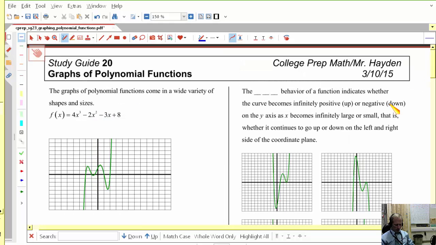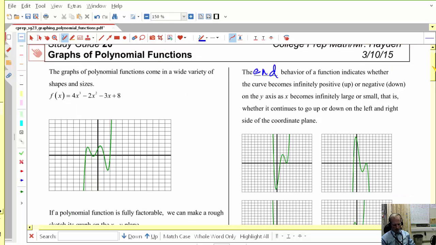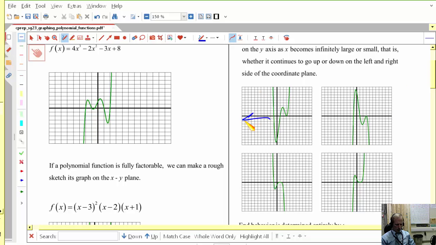Now there's a few other things you can determine just by looking at the factored form of the function, and the other thing is the end behavior of the function. When we say end behavior, it means what happens to the curve in the end regions of the coordinate plane, as you get farther to the left and farther to the right. So in the first example here, we would say that it has up end behavior.